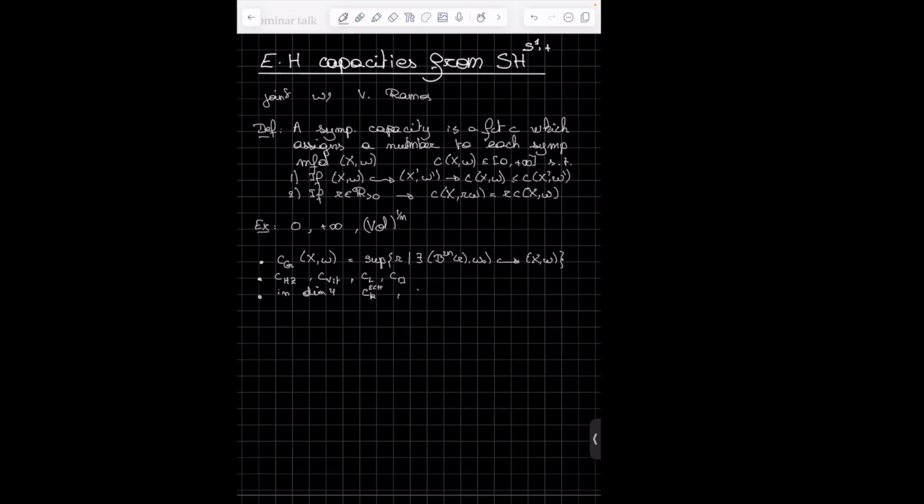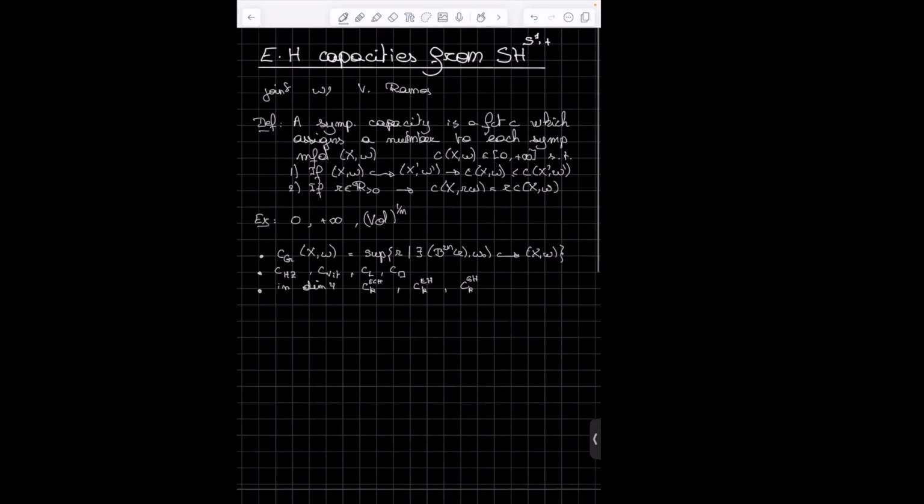Then there is a sequence introduced by Ekeland-Hofer, and a sequence which I introduced with Michael using positive S^1-equivariant symplectic homology. Those are not an exhaustive list; there are many others, but here I took some of those which are the most used.